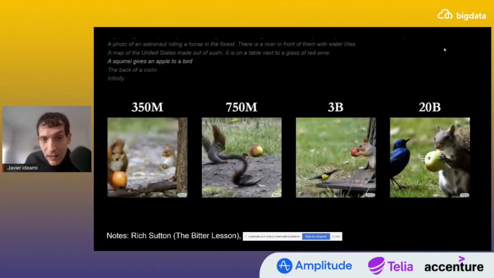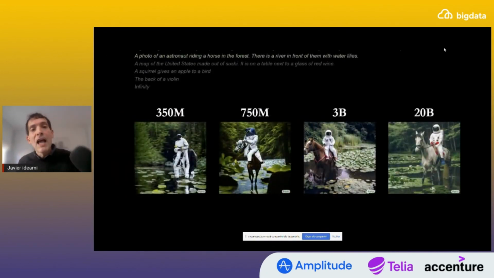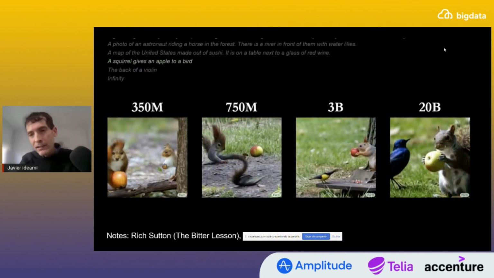But as we see in these 3 slides, from left to right, as we increase the scale, the number of parameters, the generation in relation to the prompts that we see above increases dramatically. So again, there is this open question: by brute forcing system 1 capabilities, how far are we going to get with qualitative improvements and with capabilities that may look sometimes like system 2 capabilities, but of course, a lot of people think they are nothing like system 2 capabilities, and this is all an open question.